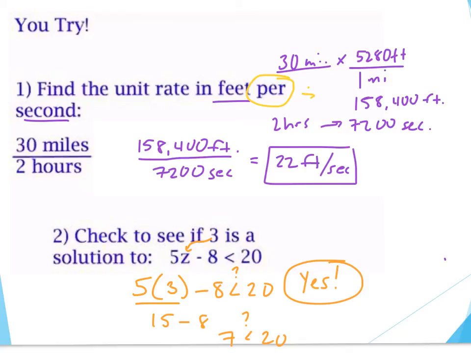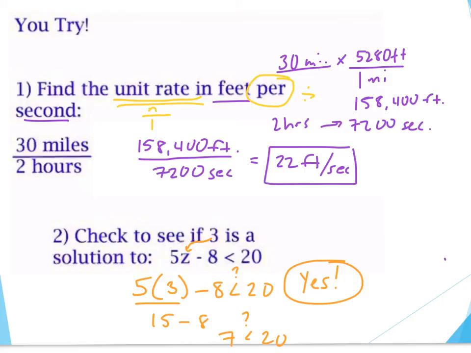So what I'm going to do is take the number of feet and divide it by the number of seconds, which I did here. And that's going to give me 22 feet per second. That would be the unit rate. So every 1 second, that's 22 feet. So remember, when you see the term unit rate, that means it's over 1.